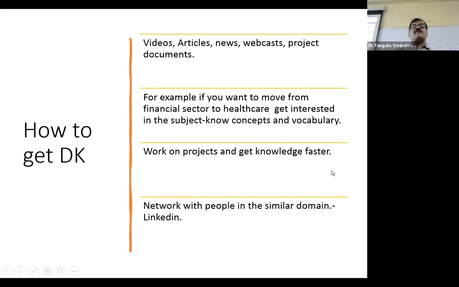Another way of getting knowledge is, suppose you want to gain domain knowledge on the FMCG sector: the way products are moved, how they are being sold, what consumers are preferring. In today's world, a lot of small packs are impacting larger pack sales.